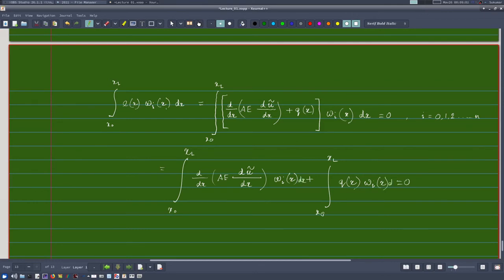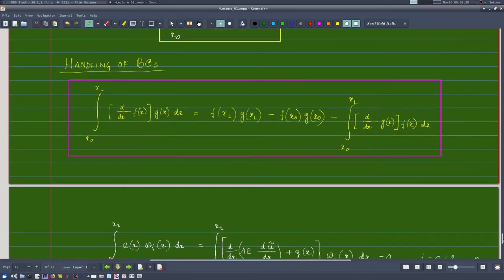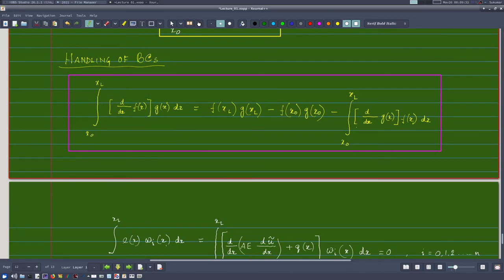I must write this dx, I'm very sorry. Now this second order derivative within the integral sign I can write using this identity of integration by parts.